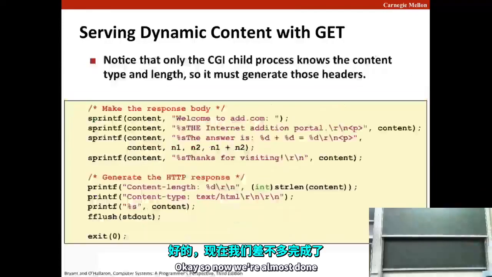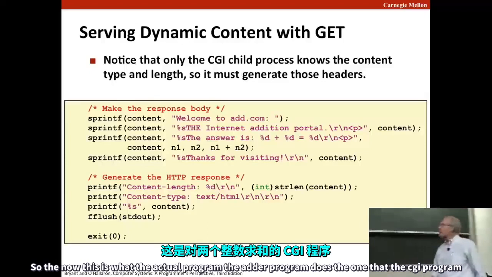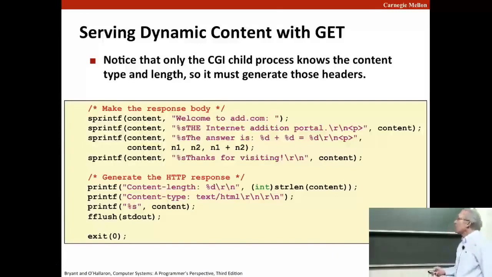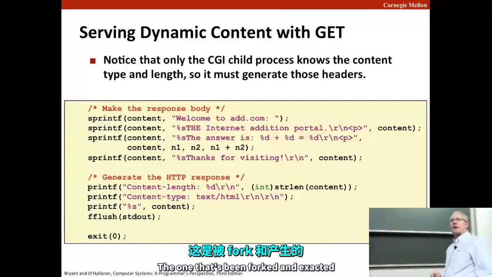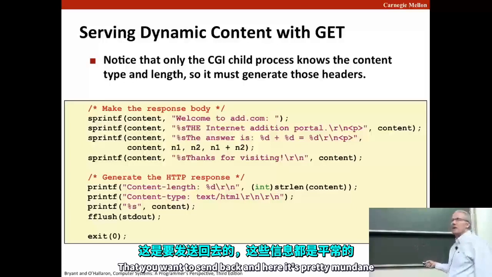Okay, so now we're almost done. So now this is what the actual program does, the adder program, the CGI program that's been forked off and exec'd. So it creates then the HTML that you want to send back.